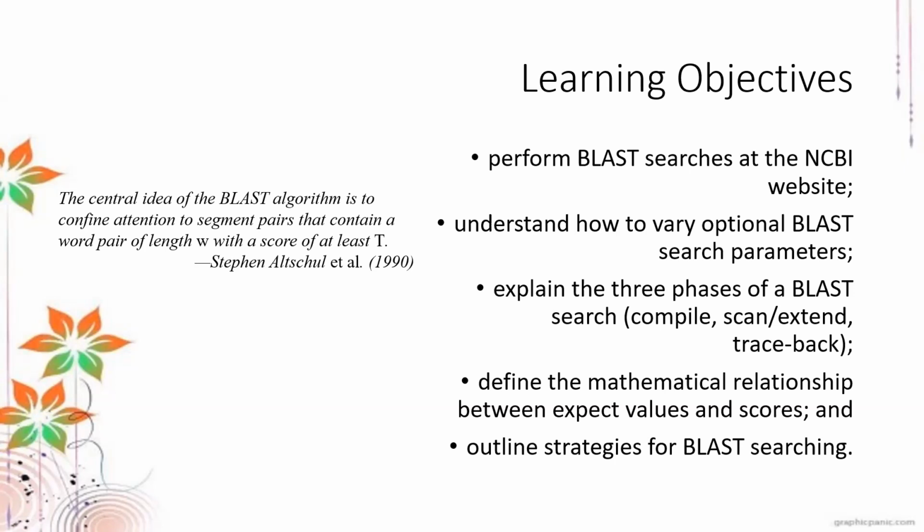For the results, we will learn how to interpret them. What's the mathematical relationship between the expect value that you will see there and the scores and even the P value? And of course, last but not least, what are the strategies of a normal BLAST search? What can we do with BLAST?